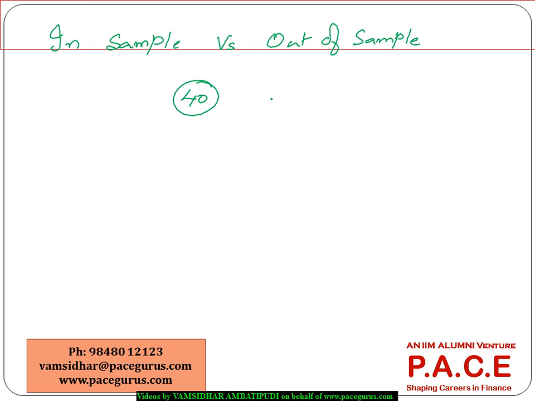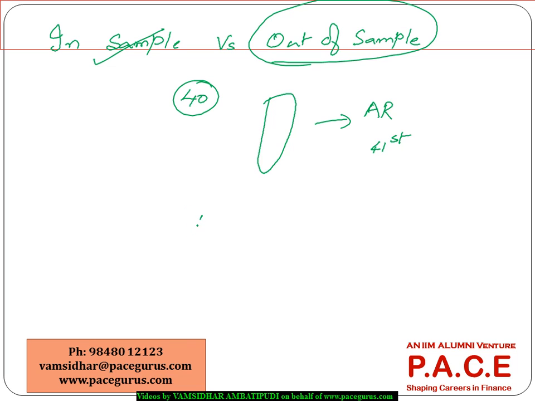Use all the 40 samples to build a regression model or autoregression model and test it on the 41st data, which is more like an in sample forecast. So I am testing on the data which I am using for my model building itself. Whereas when I am talking about out of sample analysis, though I have 40 data points, probably I will use only 35 of them to build the model and the remaining 5 to test the model.